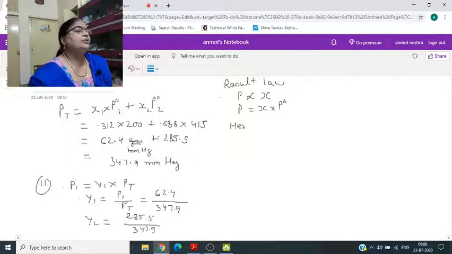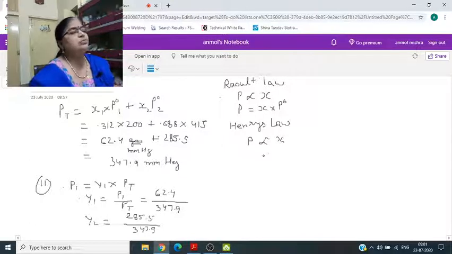According to Henry's law, pressure is again directly proportional to the mole fraction, or we can write it as KH X. So here you can see that P is directly proportional to X here also, and P is directly proportional to X here also.